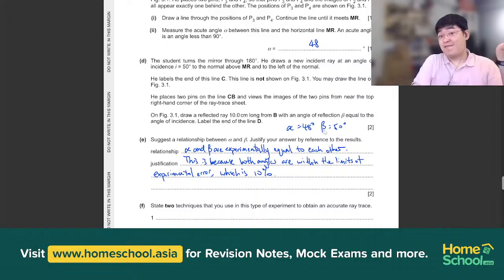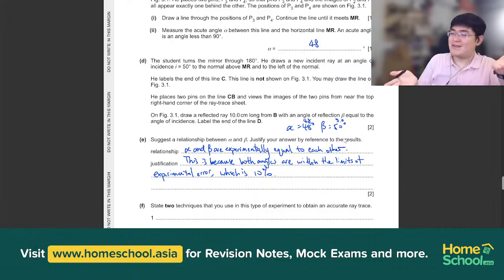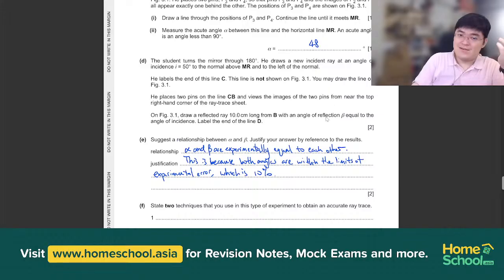If you know, 10% of 48 is 4.8, 10% of 50 is 5.0. So 48 and 50, the difference is 2, which is well within the 10% error rating. So once that is done, you should get your full 2 marks.